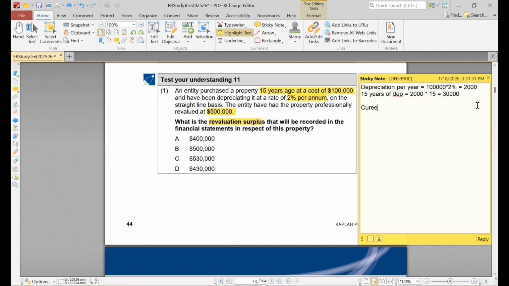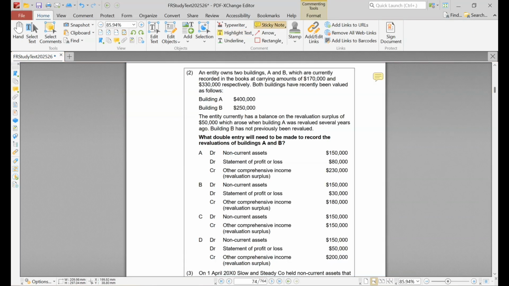So the carrying amount would be cost minus depreciation, which is 70,000. So revaluation gain would be 500,000 minus 70,000, which is 430,000. This is the revaluation gain. Alright. Next question.